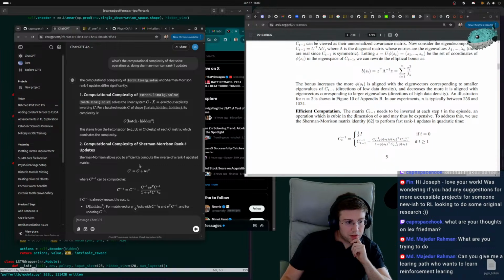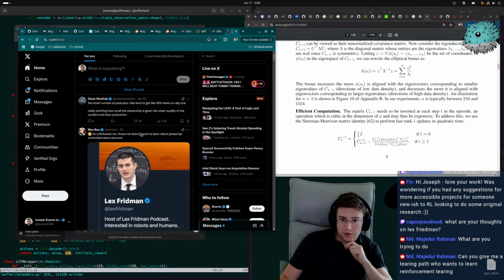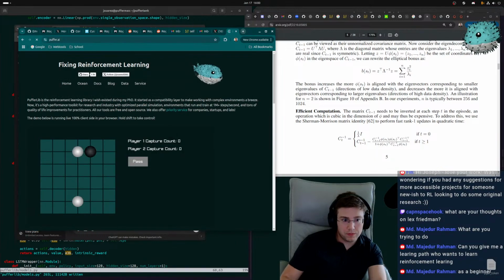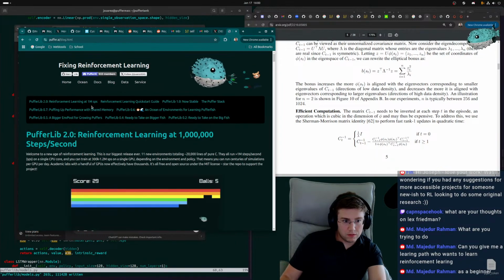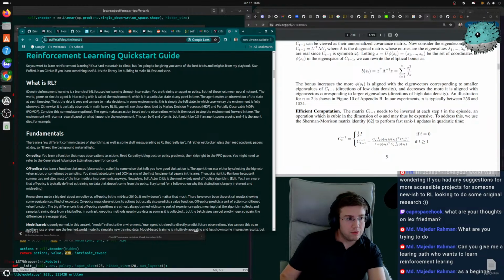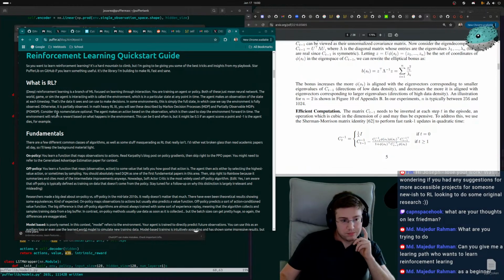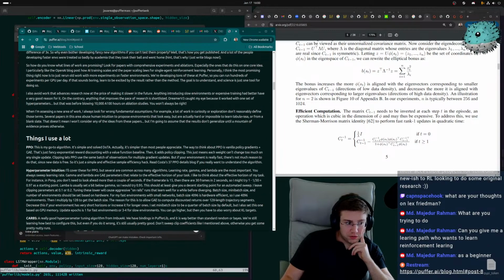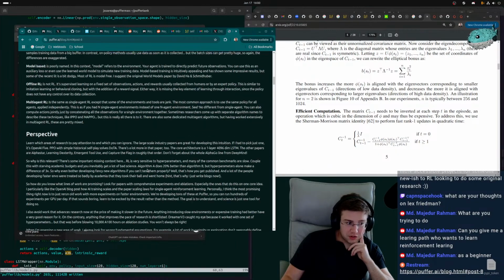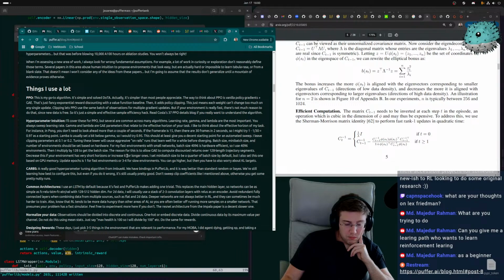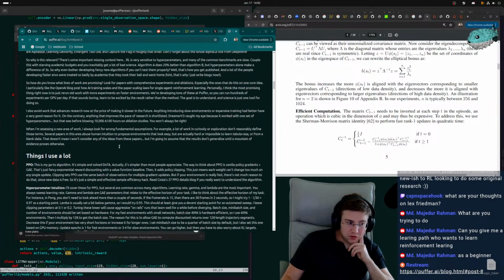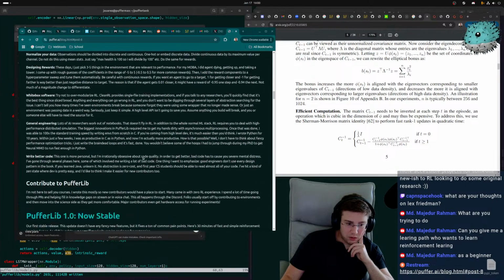Can you give me a learning path for who wants to learn? Yeah, I have a guide on this on my X. It's also on the Puffer blog. Here. RL Quick Start Guide, right here. I have a very simple approach to most things that I think you'll find pretty accessible. The stuff I do involves very little math, very little complex stuff to think about. It's mostly just getting the basics down and doing them very, very well.